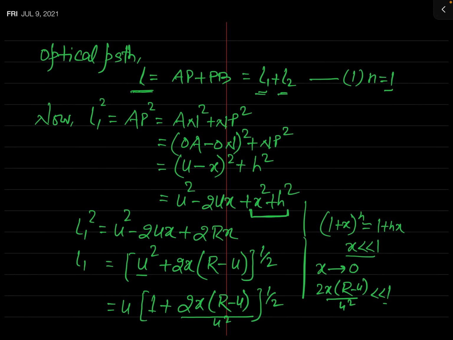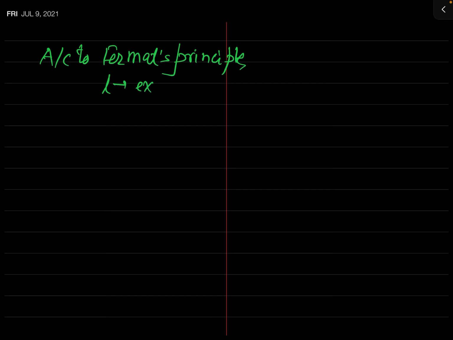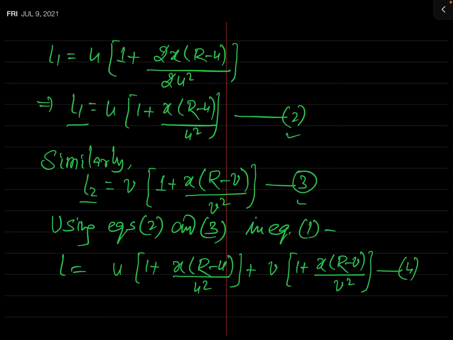So, according to Fermat's principle, this L will be extremum, and as you can see, L is actually a function of X. See this equation, L is depending on X.